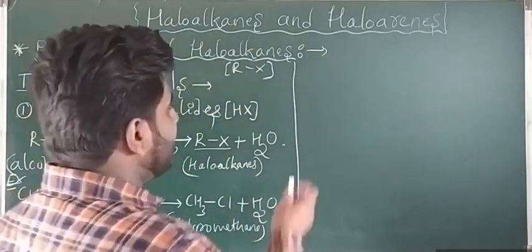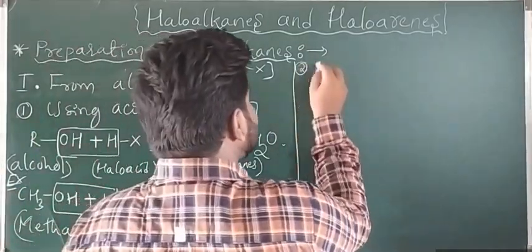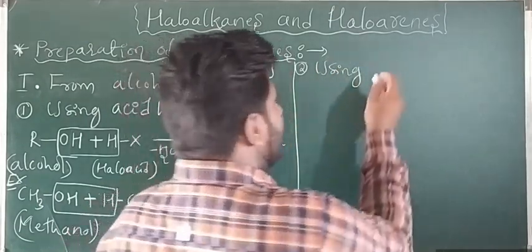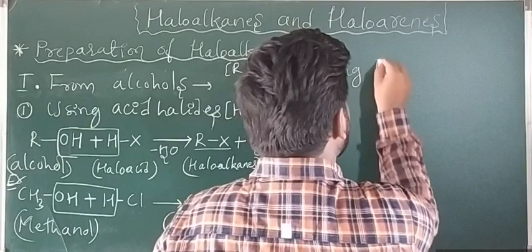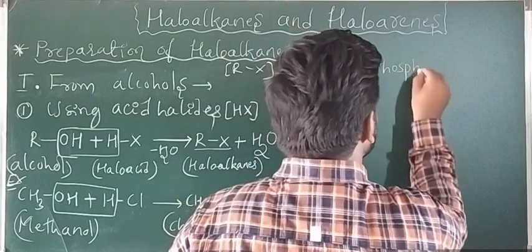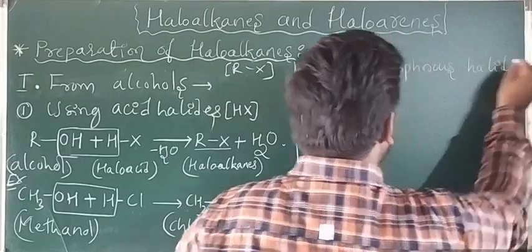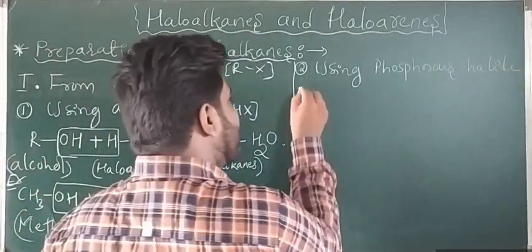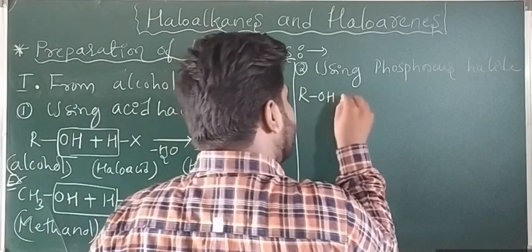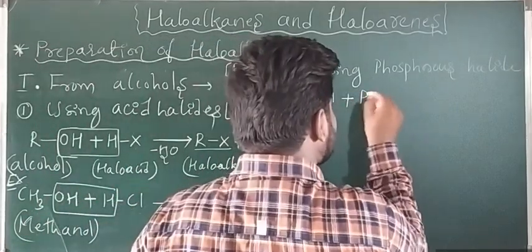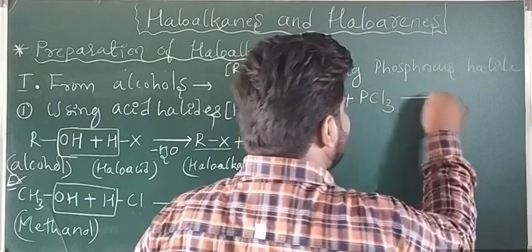In alcohols, the second method is using phosphorus halides. Again, the alcohol is the same, and we add phosphorus halides. You can take phosphorus trichloride or phosphorus pentachloride.